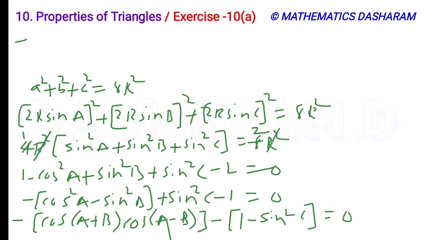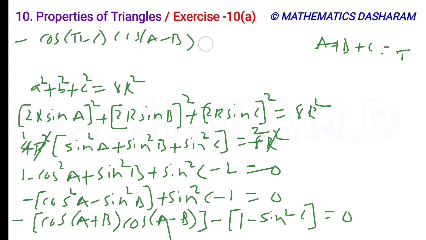So minus cos, here A plus B can be written as pi minus C, because A plus B plus C equals pi. So into cos(A minus B) minus (1 minus sine square C), formula is cos square C from the identity, equals 0. So minus, here cos(pi minus theta) is minus cos theta, then already minus symbols, and then overall plus.